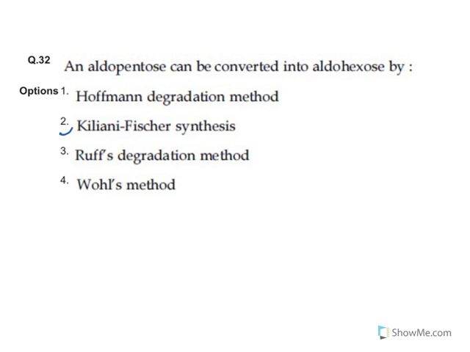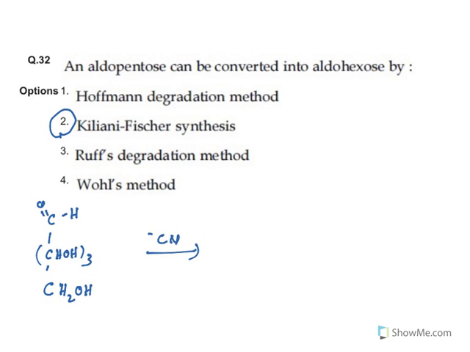Now the answer here is Kiliani-Fischer synthesis. How it happens: let's say we take an aldose, this is 3 carbons, 4, and this one is the 5th carbon. This is an aldopentose. In order to convert this, a cyanide is used. I will draw only the top one. So this carbon is converted to a hydroxy group and a cyanide attachment occurs here.